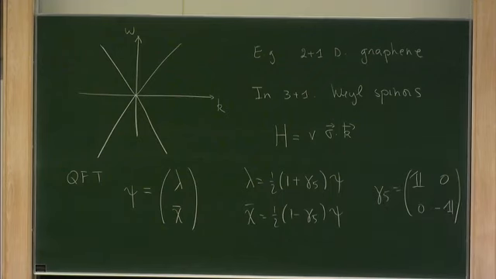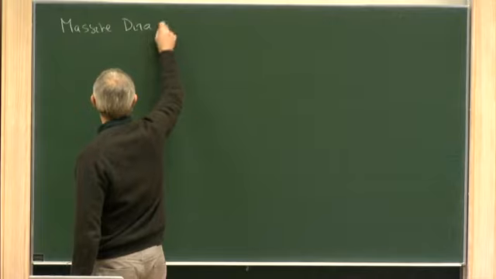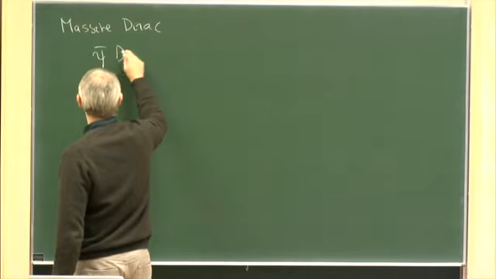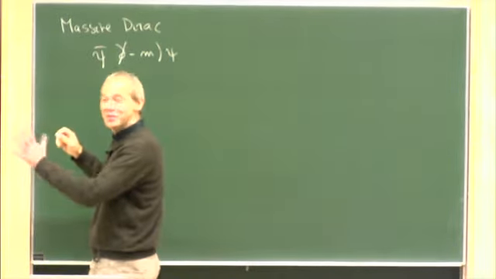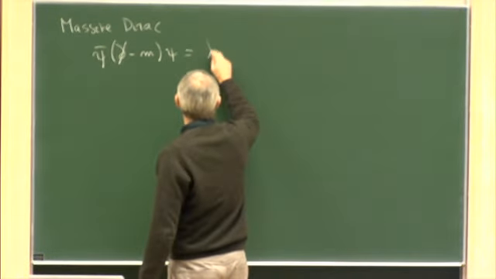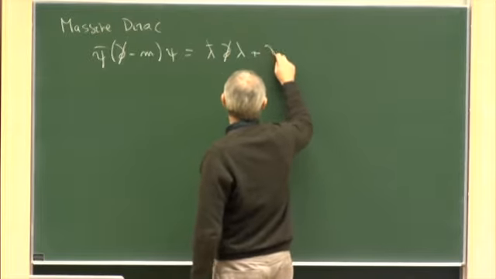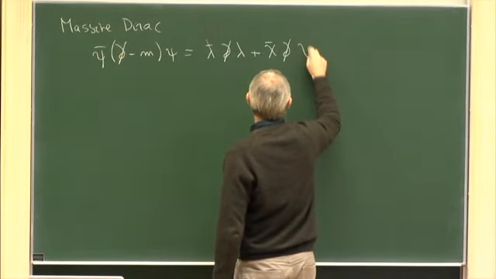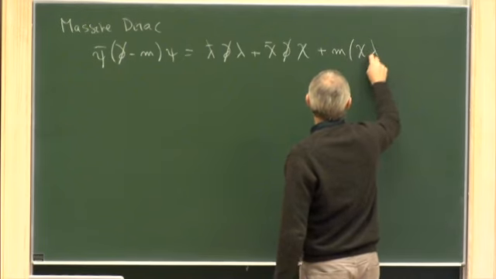And if you write down the Dirac Lagrangian for a massive Dirac fermion, these are the very simple things that I first want to explain. If you project it in this basis, it becomes something like this: a kinetic term for the two Weyl components, and then you get a mass term which looks something like.